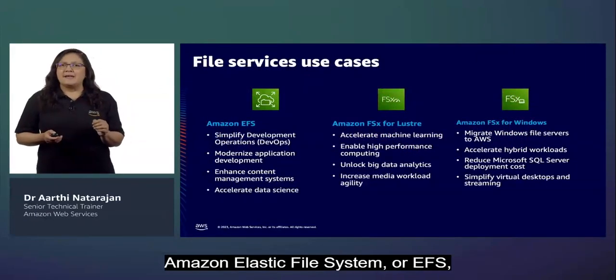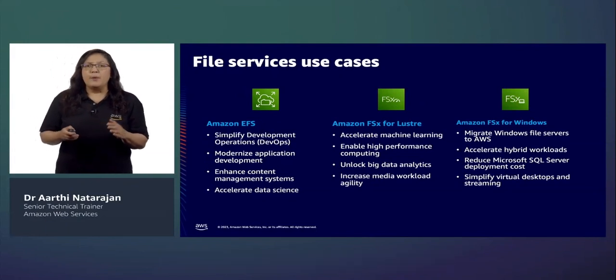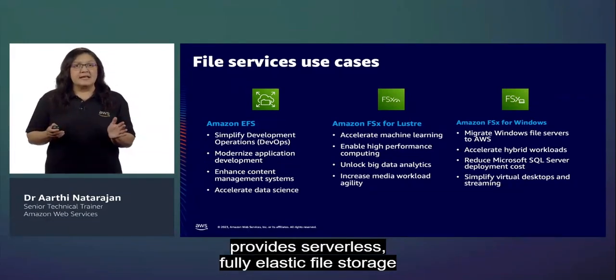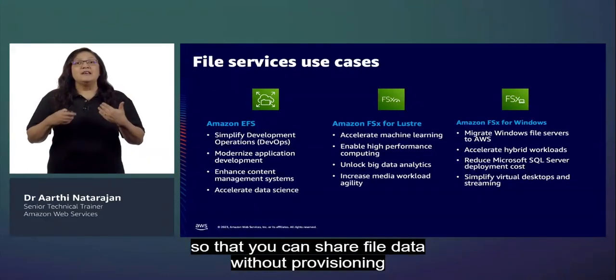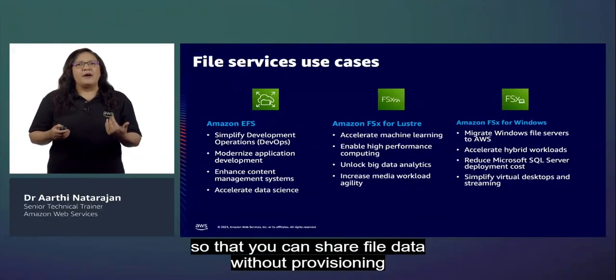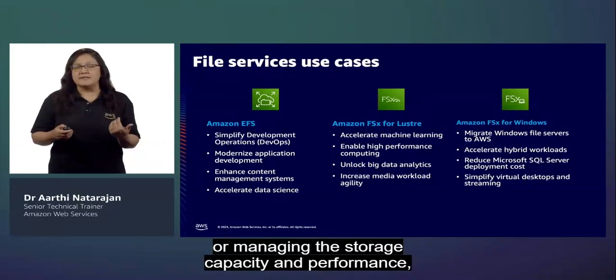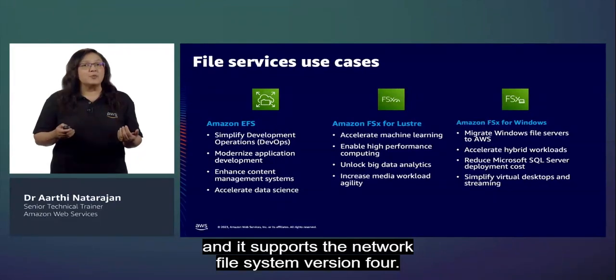Amazon Elastic File System, or EFS, provides serverless, fully elastic file storage so that you can share file data without provisioning or managing the storage capacity and performance, and it supports the Network File System version 4.